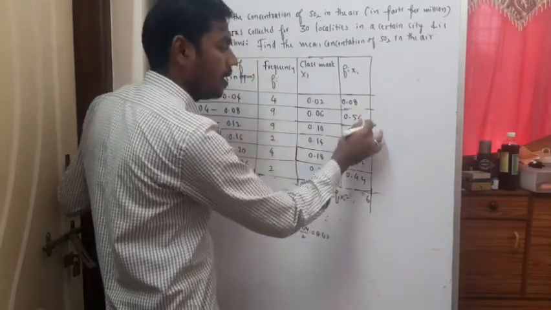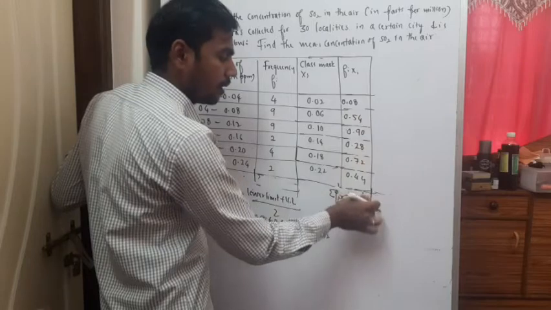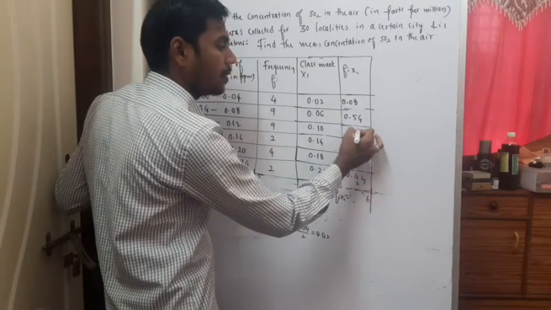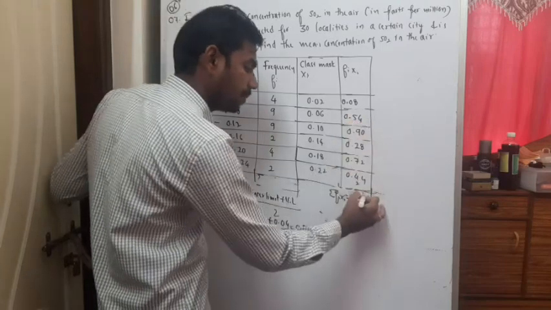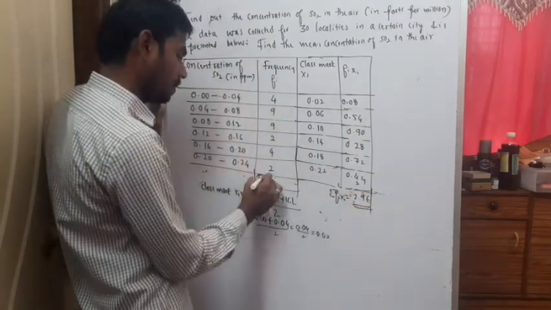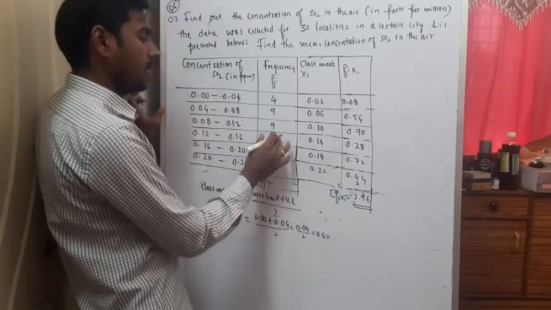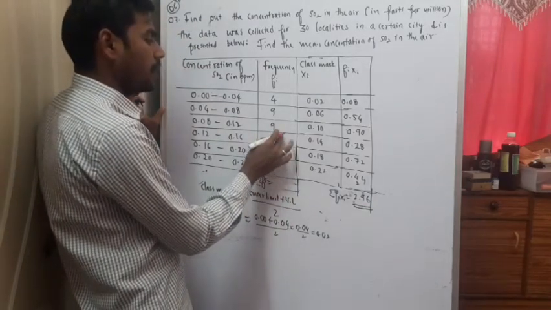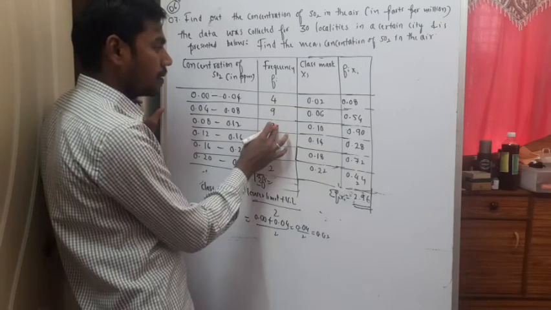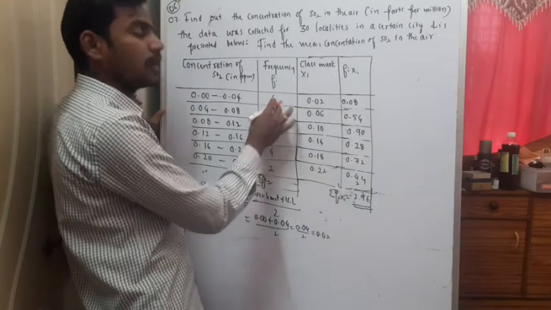See 8, 12, 20, 22, 26. 2 carry 6, 13, 15, 24, 29. That is 2.96. What about sigma fi? 6, 8, 8 plus 9, 17, 17 plus 9, 26, 26 plus 4, 30.